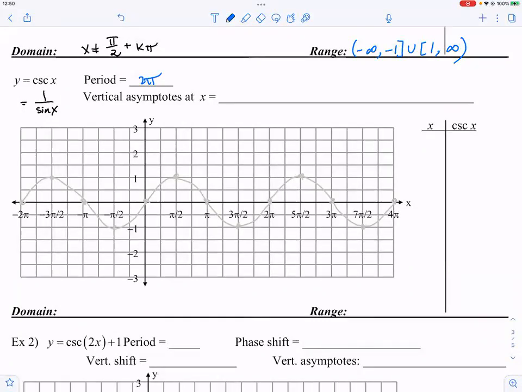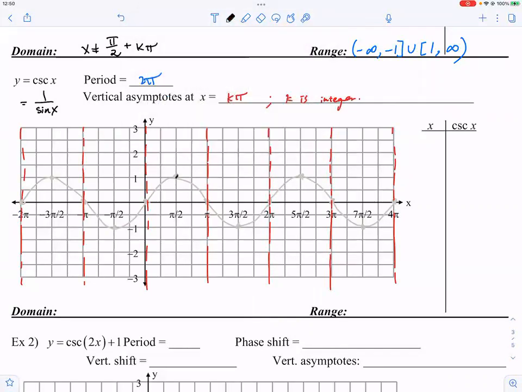So using the knowledge that we had, 1 over 0 is undefined. So whenever you see 0 for the sine x, or whenever it hits the midpoint, that's the location of vertical asymptotes. So you can write down the asymptotes are at k pi. Again, k is an integer.